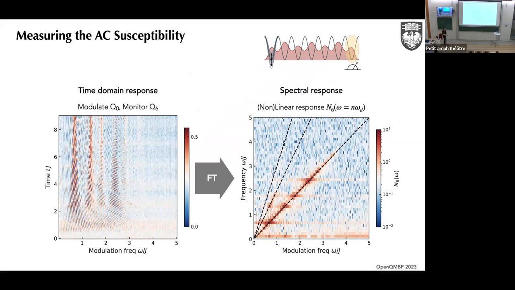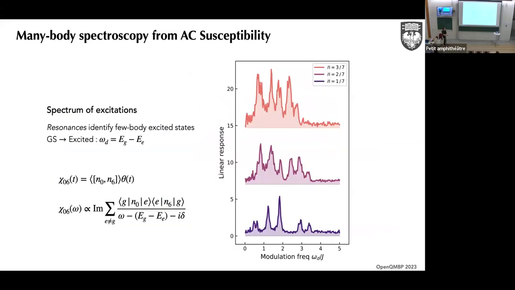But if we look at the linear response regime and extract the signal along the linear response curve, here I'm showing you data where you see quasi-particle peaks for 1, 2, and 3 photon fluids. This is AC susceptibility, it has some spectral decomposition. What these peaks correspond to are the energy detuning from your ground state to some excited state configuration.